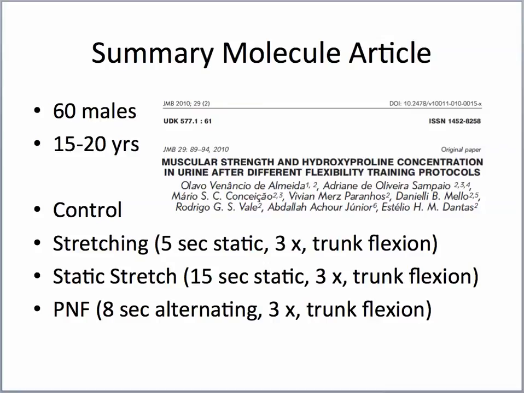They had a static stretching group, which is different from the stretching group basically due to the amount of time that they carried out the stretch. So in the static stretch, they had them carried out for 15 seconds. And then they also had a PNF group where they did alternating 8 seconds of contraction relaxation. They did this 3 times, and also with trunk flexion.